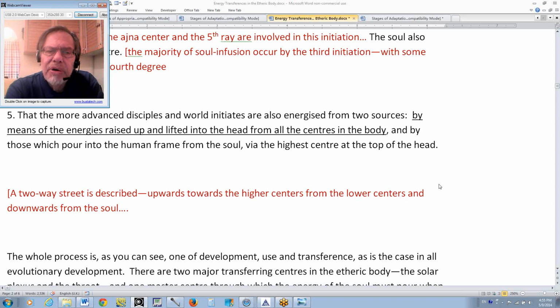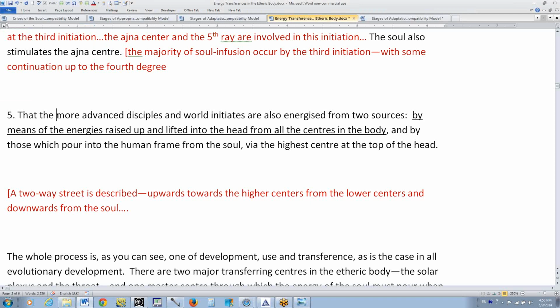But at a certain point, it no longer passes rapidly to the lower centers. It stays within the higher centers above the diaphragm, and those same higher centers are sustained by the upward rising energy of the lower centers. So more advanced disciples and world initiates are energized from the head, and the way the head is fed by all the other centers.